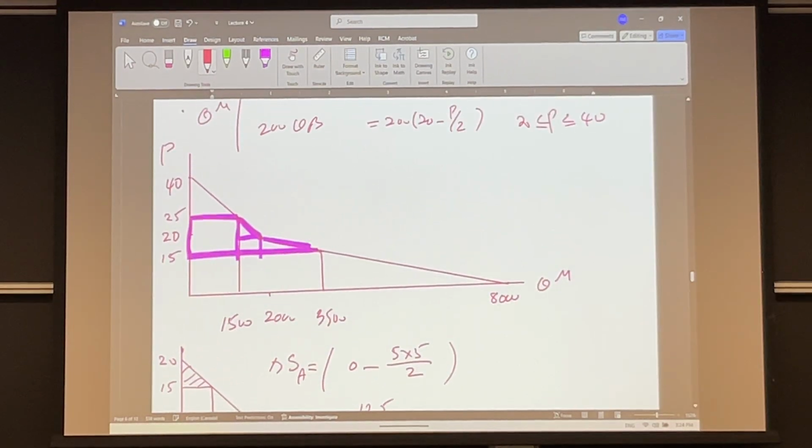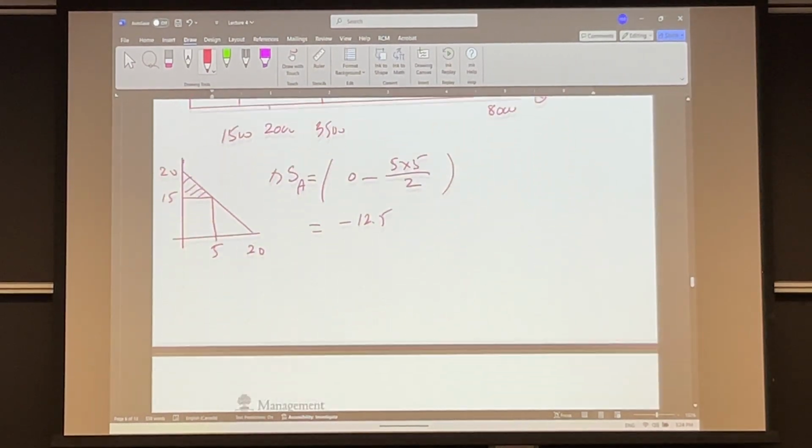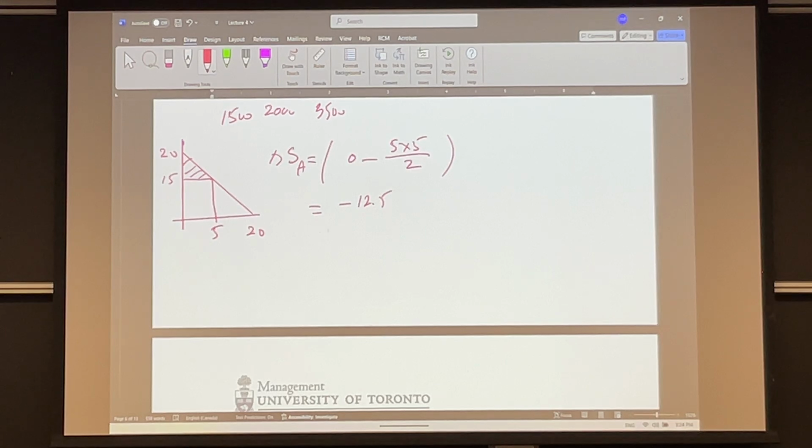That is for one individual. There are how many people there? 200. So altogether we lose $2,500. Make sense? The group A will lose $2,500 in surplus when the price goes up.